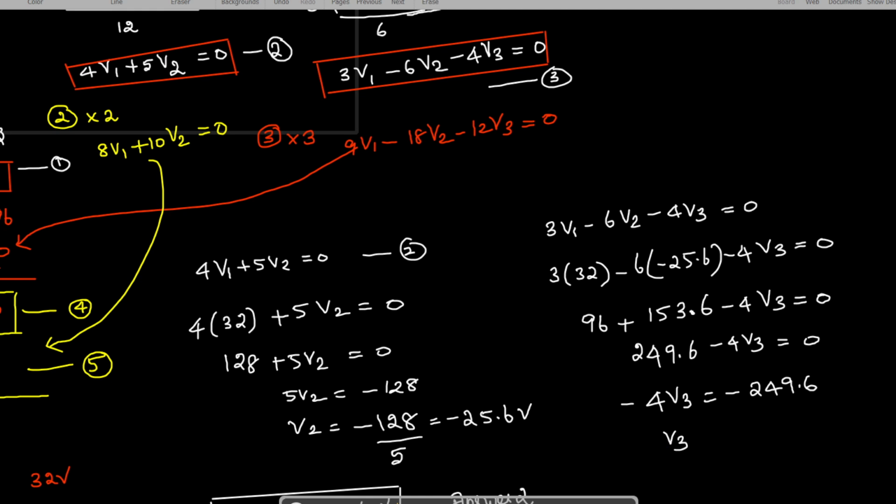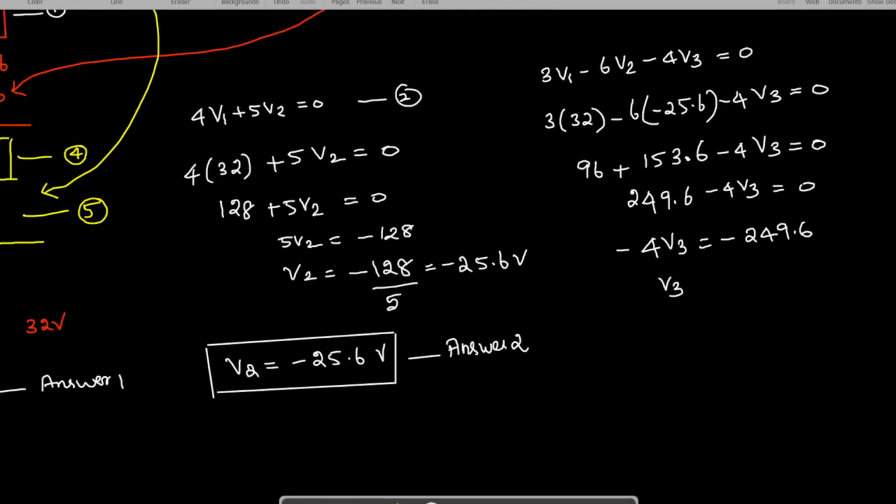So V3 is equal to 249.6 divided by 4. So you get it as 62.4. So this is our last answer, third answer.